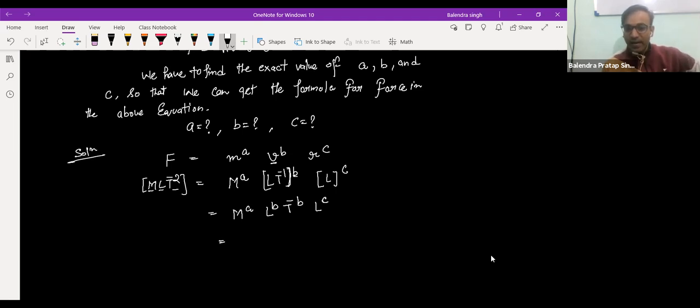So L^b, T^-b, L^c. There are two terms, L raised to the power b and L raised to the power c, so here L raised to the power b plus c.